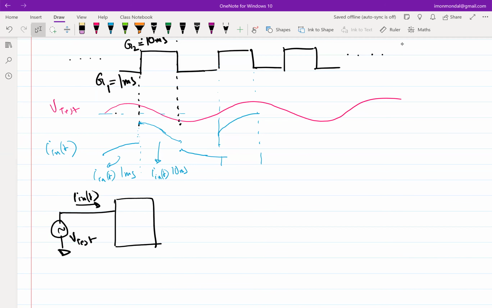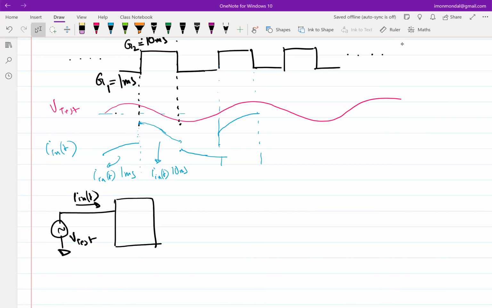Comparing this V_test with the sawtooth or high frequency triangular wave, and the output of the comparator will flip between 0 and 8.